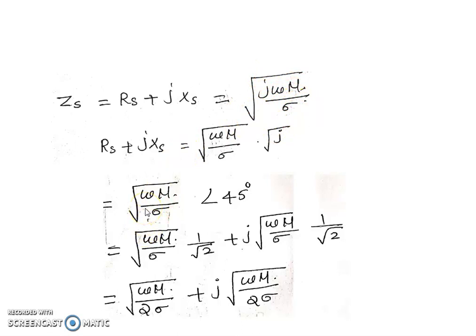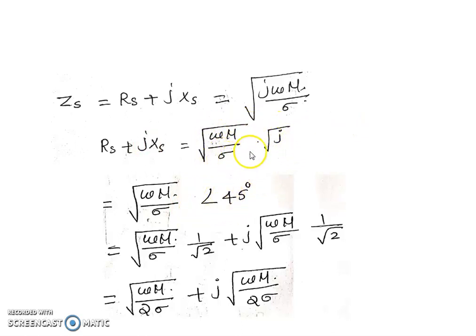So this equation is in the rectangular form, and we are going to convert it into the polar coordinate system. So root j can be written as root of omega mu divided by sigma, the same as the former equation, into root of j, which can be written as root 45 degree.